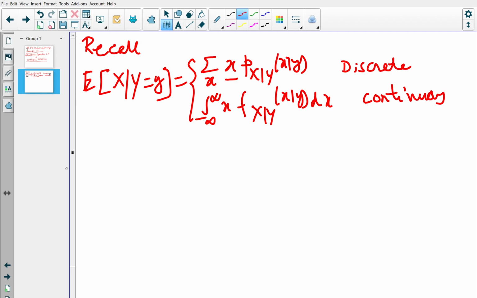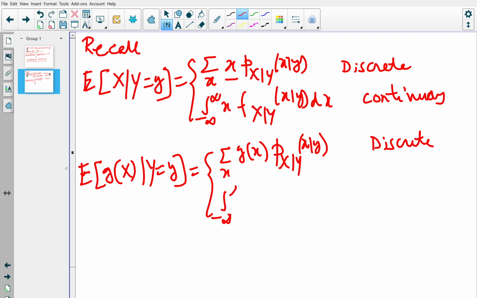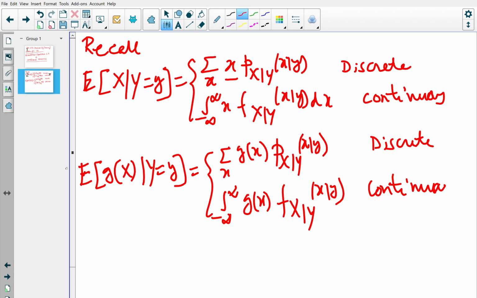Similarly, if we have a function of X, g(X), given Y equal to y, you can write it as the summation over x of g(x) times the conditional probability mass function for the discrete case, and the integral from minus infinity to plus infinity of g(x) times the conditional probability density function for the continuous case.